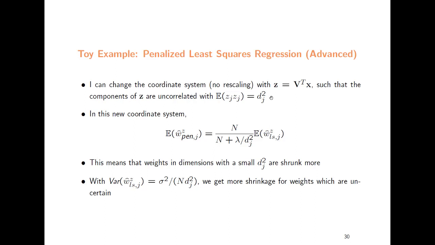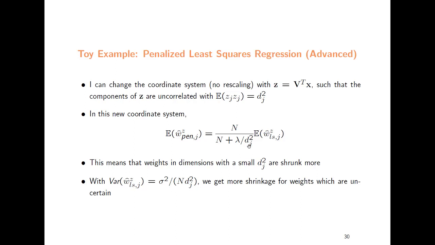So this is always possible. I don't discuss now how you do it. Essentially, you're using a principal component analysis, and we're just sort of rotating the data into a new coordinate system. And now everything is independent, but every input has a different variance now, because we don't rescale the data. Then in this new coordinate system, when we apply a penalized regression, the shrinkage factor is now n divided by n plus lambda divided by dj squared.